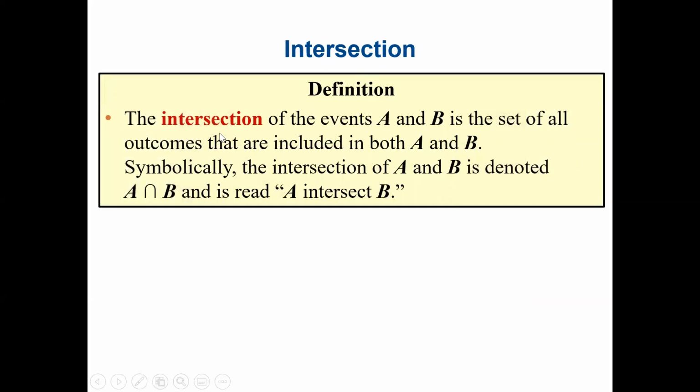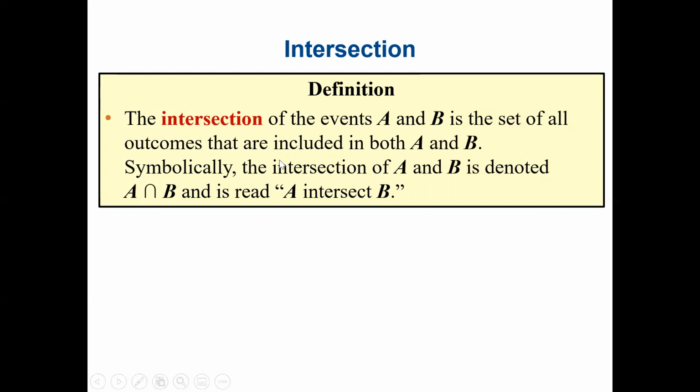Intersection. The intersection of events A and B is the set of all the outcomes that are included in both A and B. So now the union of events A and B is all the outcomes in A or B or both.